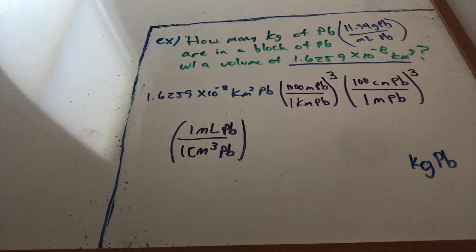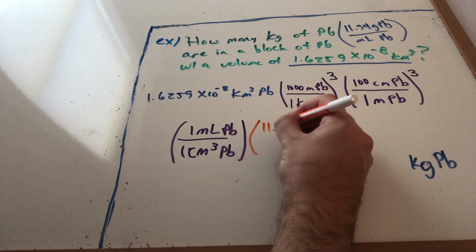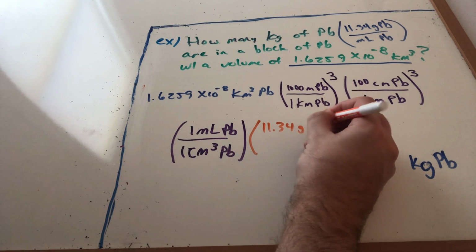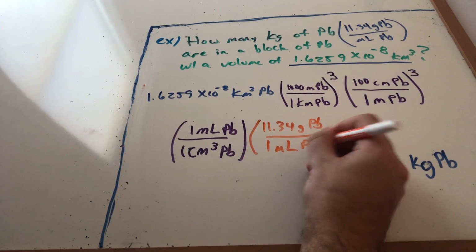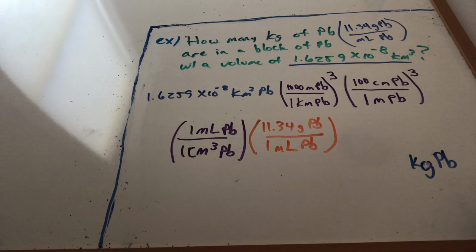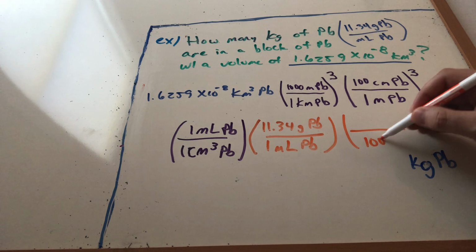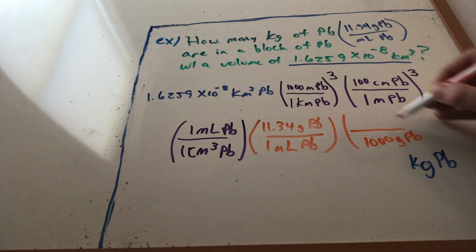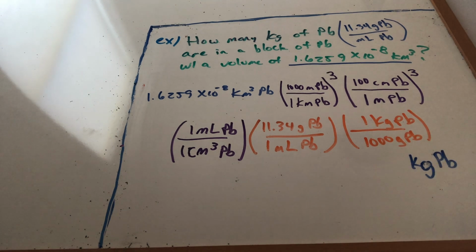So now I can jump to making my mass correct because I know that 11.34 grams of lead is the same as 1 milliliter of lead. And my goal is kilograms of lead, and so I know that 1,000 grams of lead is 1 kilogram of lead.